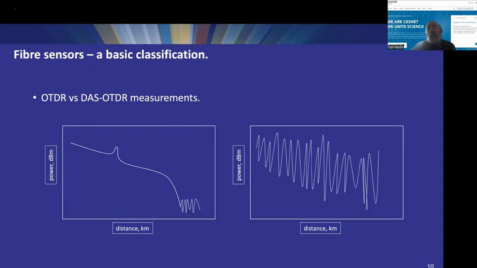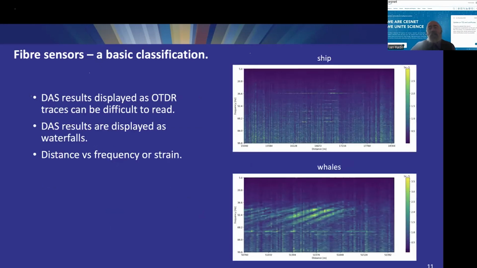When we compare it to DAS or phase OTDR, because of a better laser and better analysis, this would be a much more detailed curve, but can be difficult to read for humans. So next slide, please. We have something which is called a waterfall.